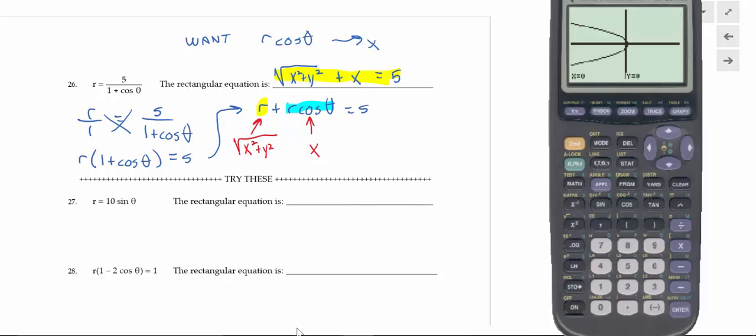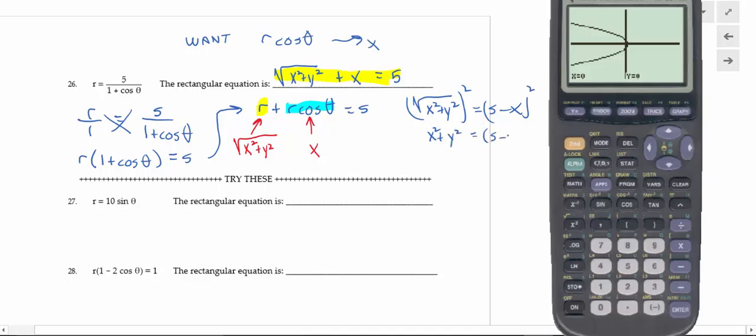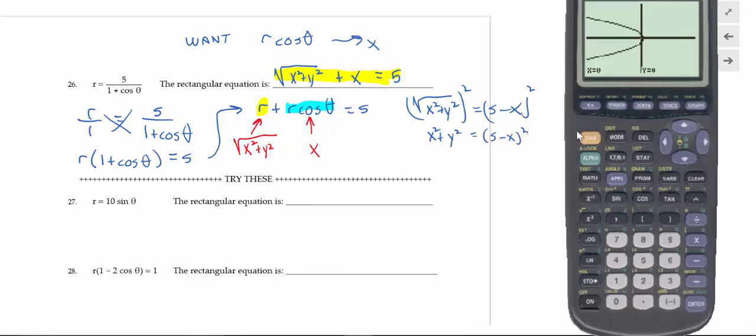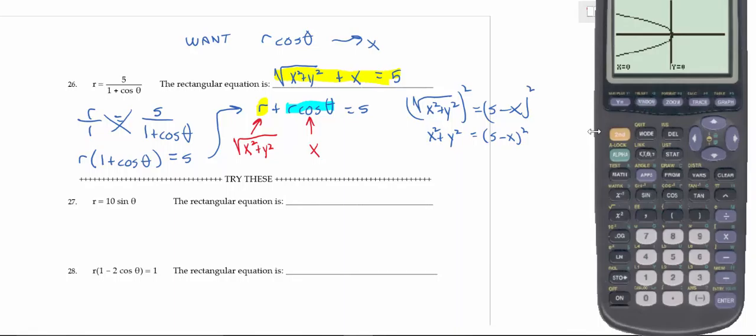So, without going through all the details of that, let me show you this part right here. If you did x squared plus y squared, and if you moved the x to this side and squared both sides, you would end up having x squared plus y squared equals 5 minus x, quantity squared.